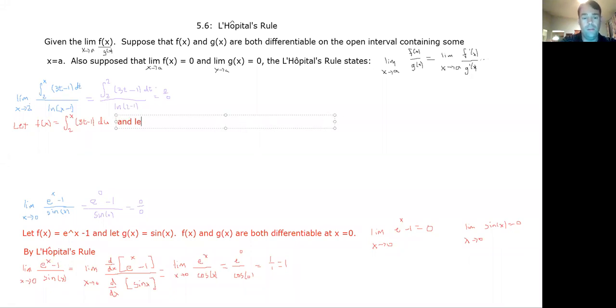And let g of x be equal to the natural log of x minus 1. F of x and g of x are both differentiable at x equals 2.